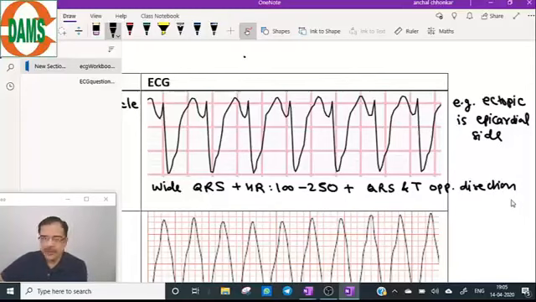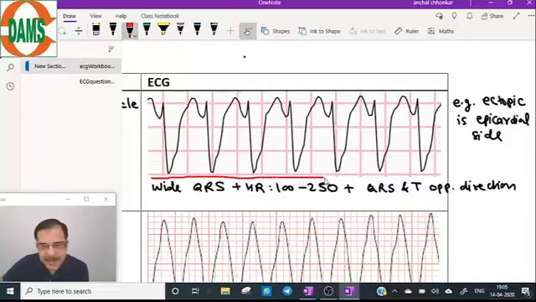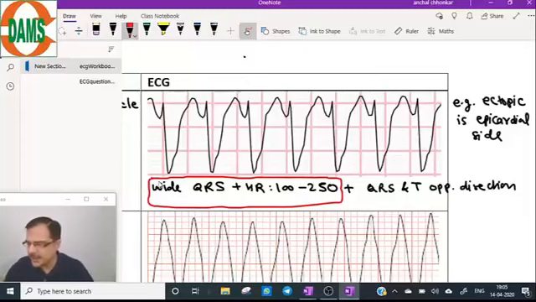But to make a diagnosis of ventricle tachycardia, we need only two things: a wide QRS complex and a heart rate of 100 to 250. This is what is needed to make the diagnosis.